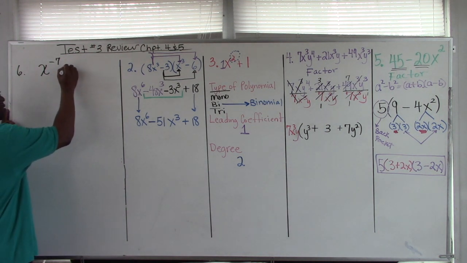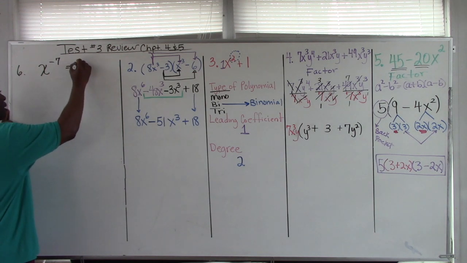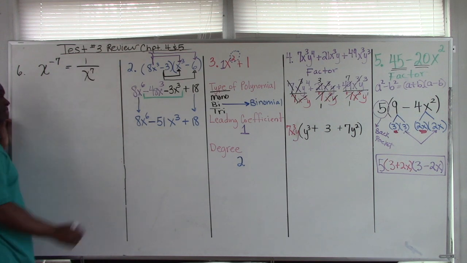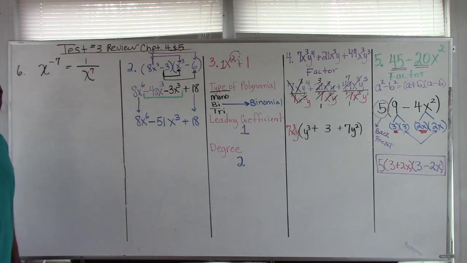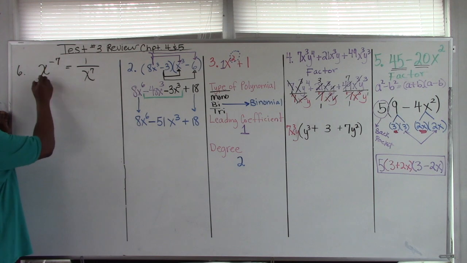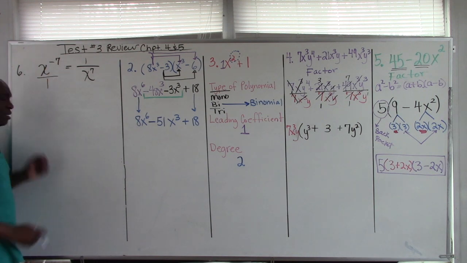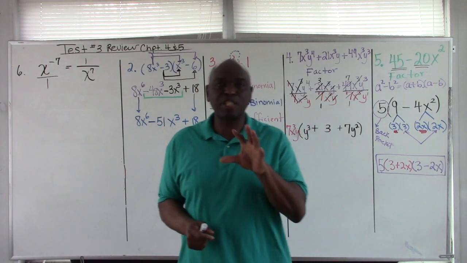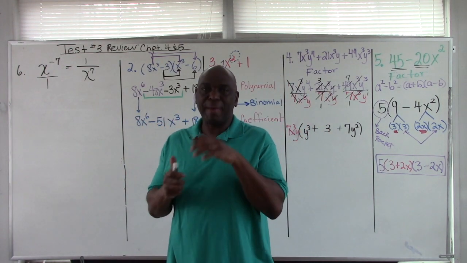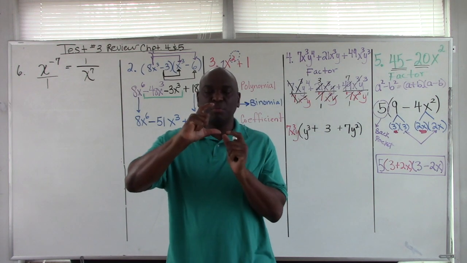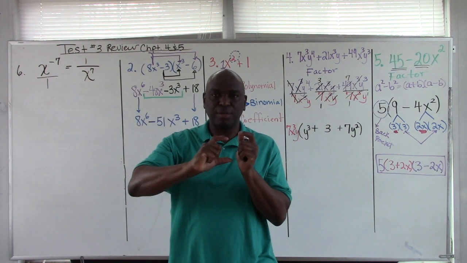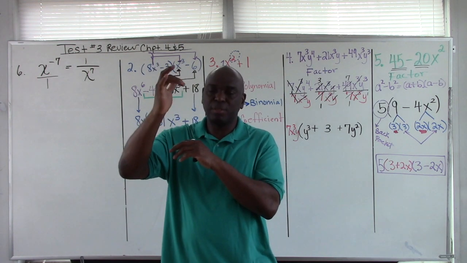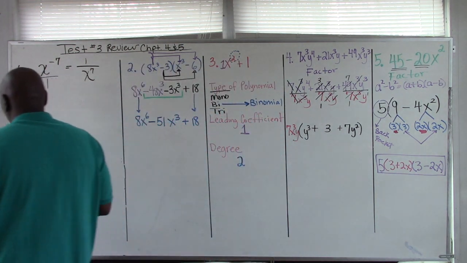Well, x to the negative 7 equals 1 over x to the power of 7. Because this x to the negative 7 is really over 1. Everything is over 1. And we said when the exponent is negative, it's just a matter of taking the whole expression, either moving it to the numerator or to the denominator, to make the sign of the exponent positive. And so that's what we did.